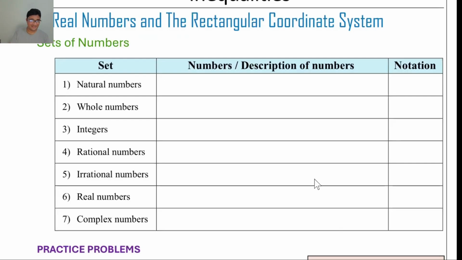We would count like that, right? So the numbers here are 1, 2, 3, 4, 5, 6, and so on forever. They are also called counting numbers for that reason. Another name for natural numbers is counting numbers.